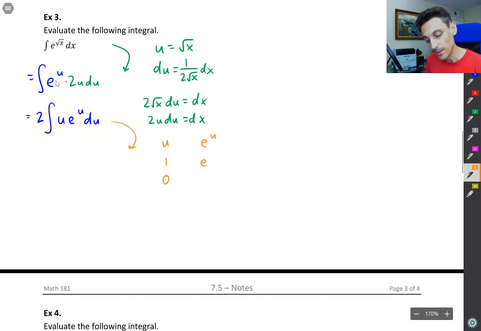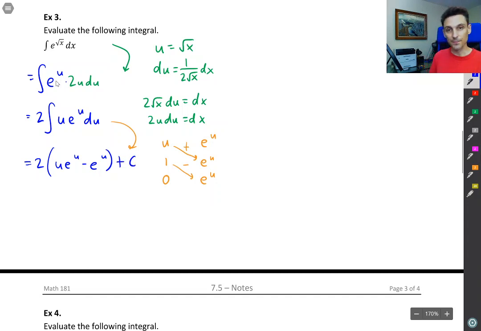And then we can integrate e to the u, which is just going to give you e to the u. Then the products that pop out of integration by parts appear in the diagonals. So we end up with 2 times u e to the u minus e to the u, and we'll put our plus c at the end there.